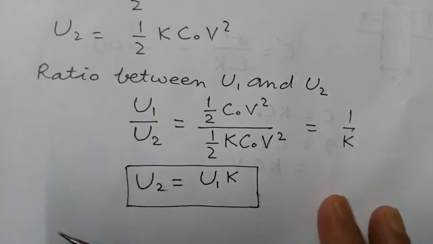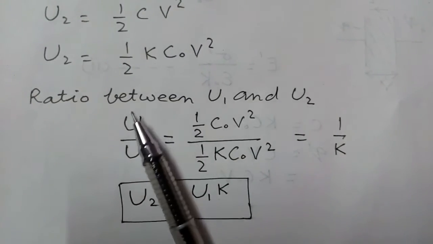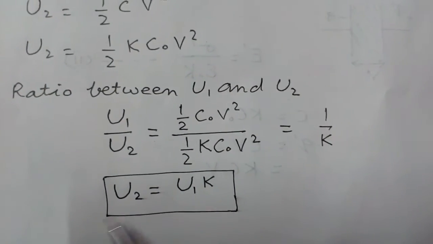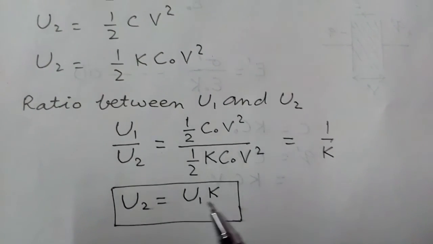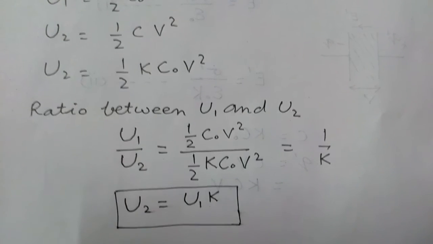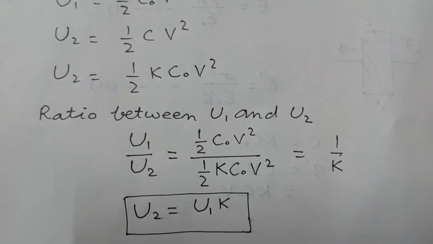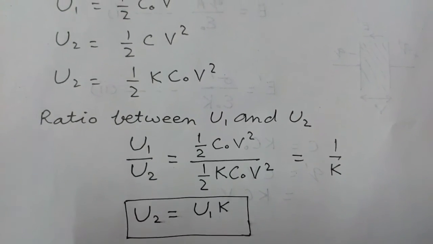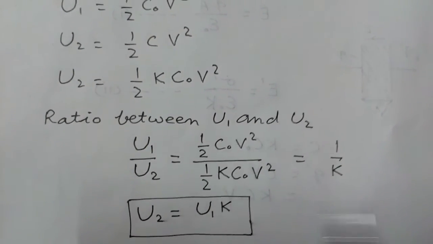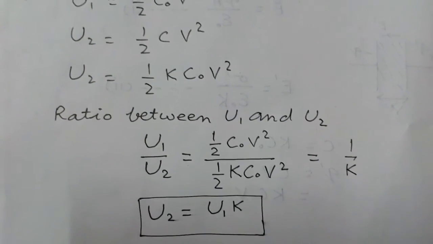So the ratio between U1 and U2, now we are talking about total energy, so U1 by U2 is equal to 1 by K. So U2 is equal to U1 times K. So if potential is same, then energy will be K times the original energy, the energy which was previous, where K is the dielectric constant. So energy increases by a factor K.